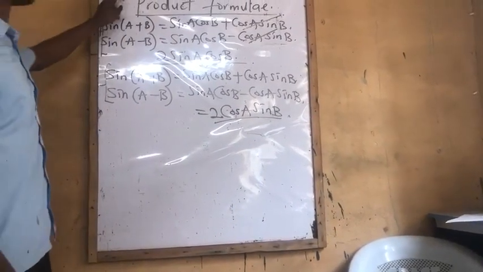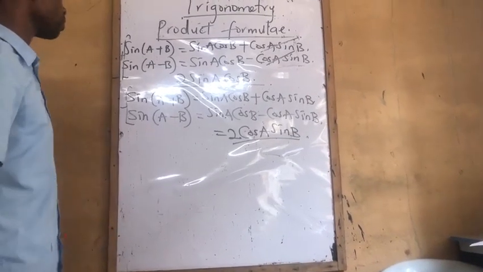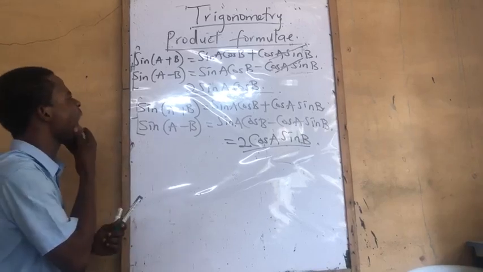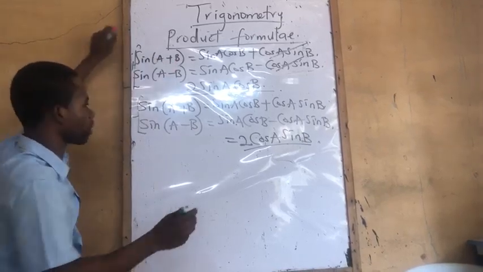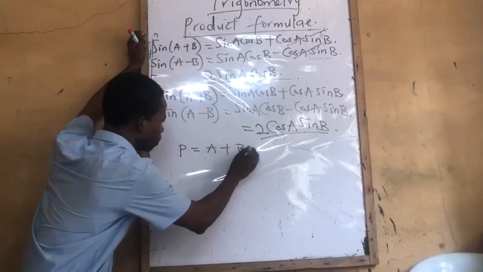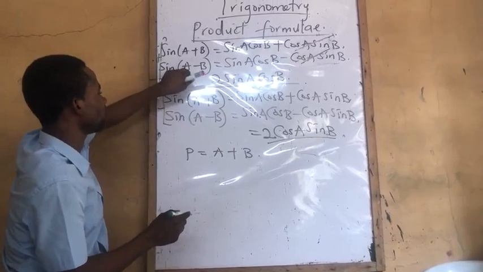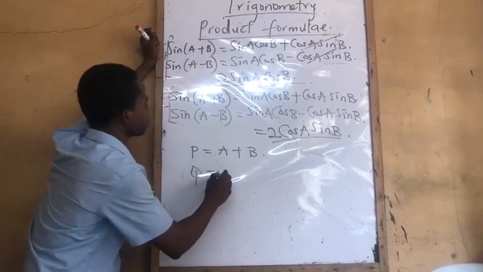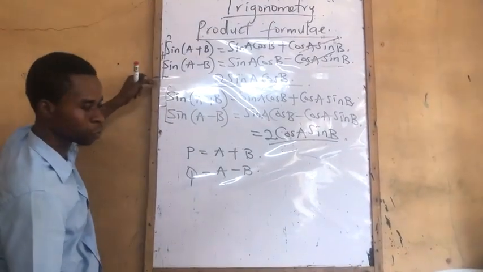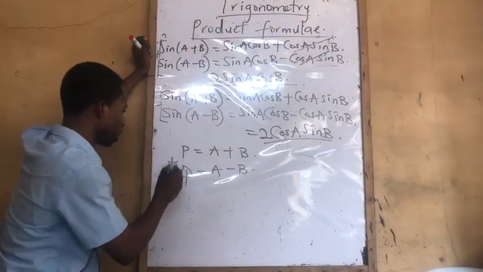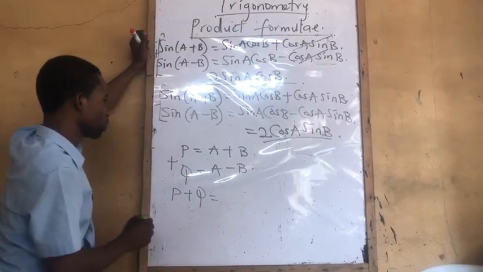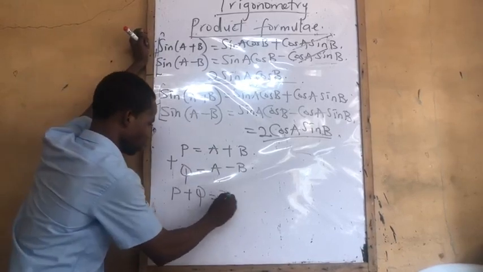Don't forget, we are talking about the product formula. What is the next thing to do? Represent A plus B by P, so P equals A plus B. Represent A minus B by Q, so Q equals A minus B. If I add these two together, P plus Q, that gives A plus A, 2A.